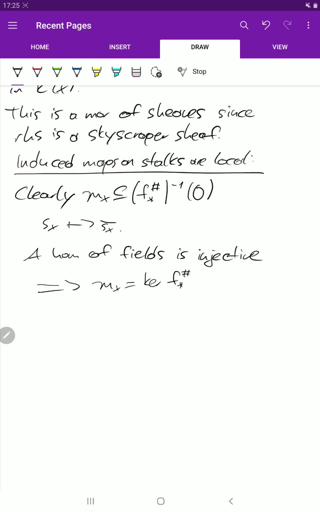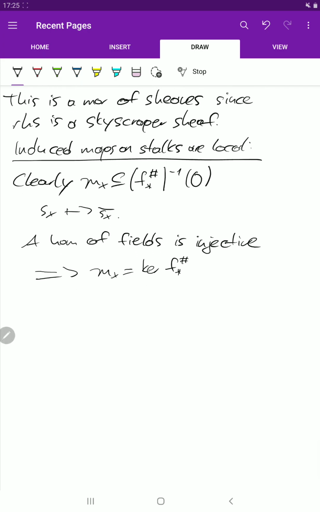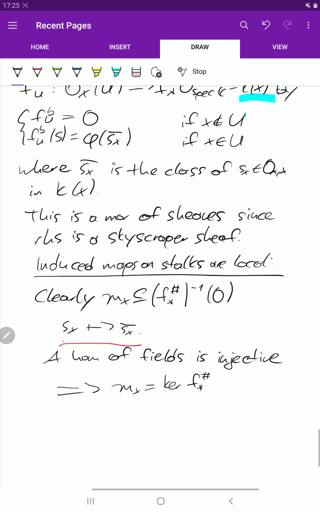That's just because the elements of m_x are the ones that get mapped to 0 under this map, and the map that comes afterwards.